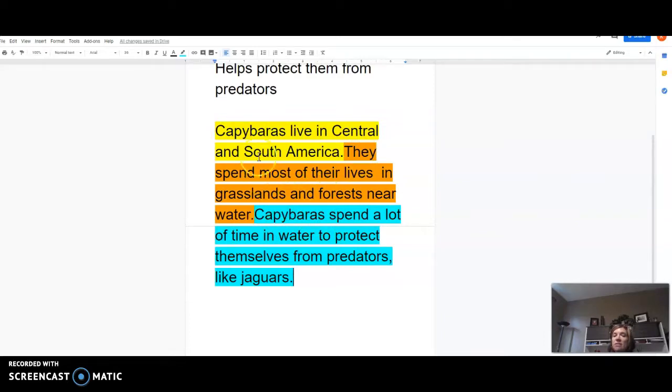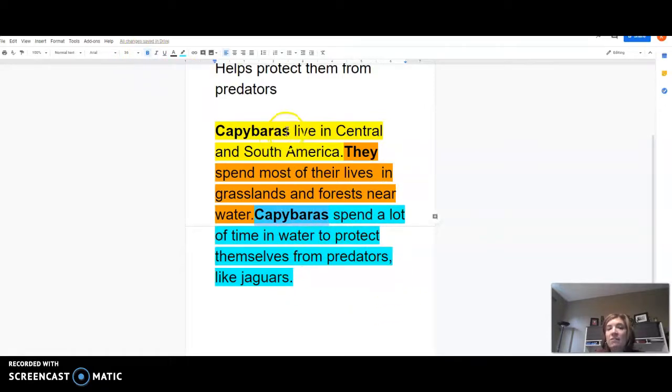So friends, today when you are writing, make sure, I'm going to highlight this because it's really important. I've already highlighted, I'm going to make it bold. I'm bolding the who or what that each sentence begins with. This is all about capybaras.